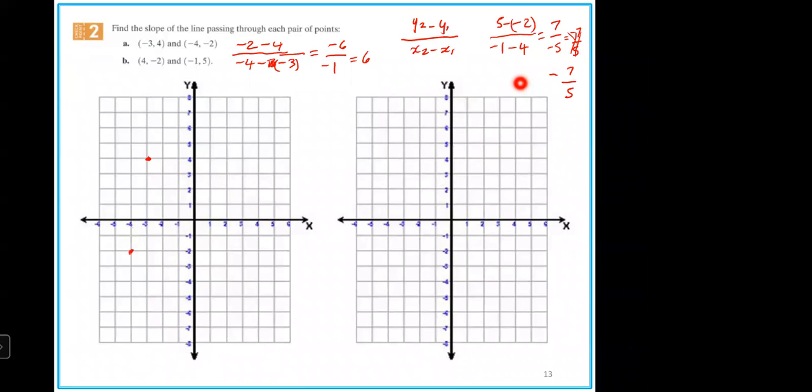Now let me see if I can find something. Okay, so that's basically how the line would look.